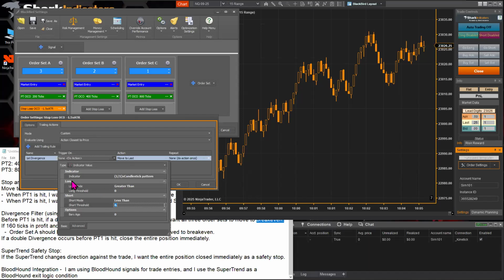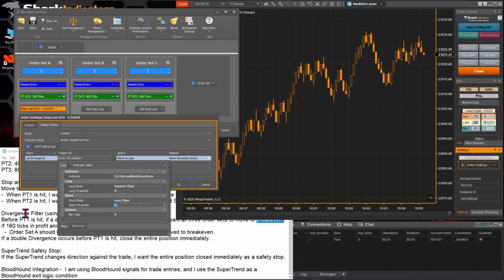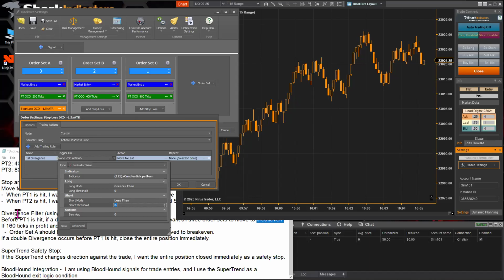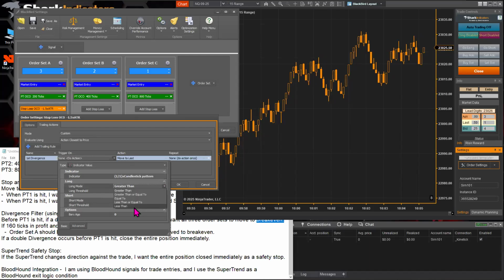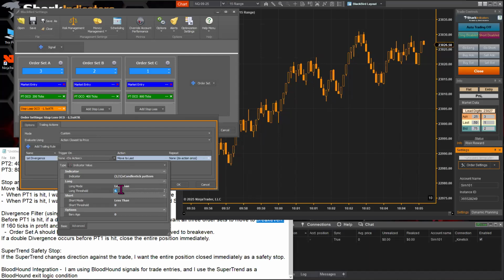So if we're in a long trade, then we're looking for, most likely, again, it depends on how this divergence indicator is written, a short divergence, which probably will be a -1. So I'm going to switch this to less than 0, right? So -1 is less than 0.